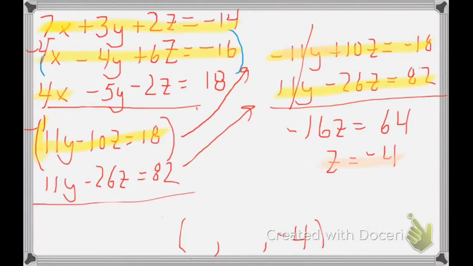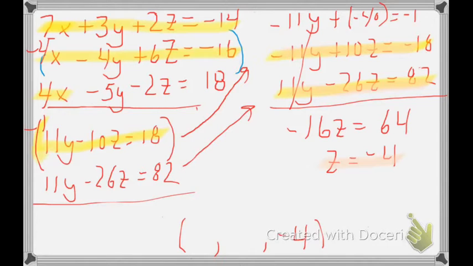I'm going to pick the first one. So this becomes negative 11y plus, and of course negative 4 times negative 10 gives us positive 40, equals negative 18. I ran out of room here, so let me squeeze this negative 18 in.